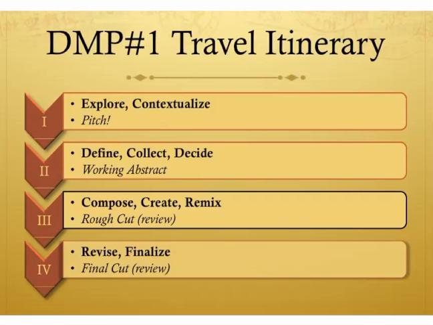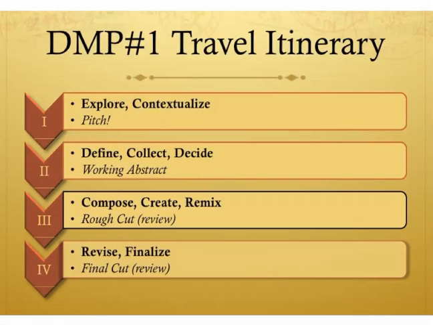We've explored the possibilities amongst one another, and then we have pitched our idea to colleagues and to our classmates, and then once we have an idea of what we want to work with, we begin to further define what we want to do. We've collected some artifacts, we decide on where we're going to go with that, then we develop a working abstract, and at that point we're ready to compose, to create, to remix.